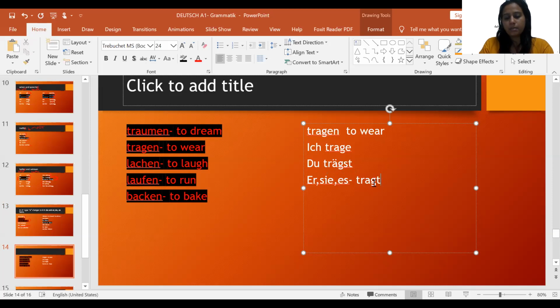So t ending, but here also a changes to a umlaut. And then you have wir tragen, same as the infinitive. And then you have ihr tragt. Here there won't be any umlaut because it's not needed. The change is only, as mentioned, in the du and er/sie/es form.